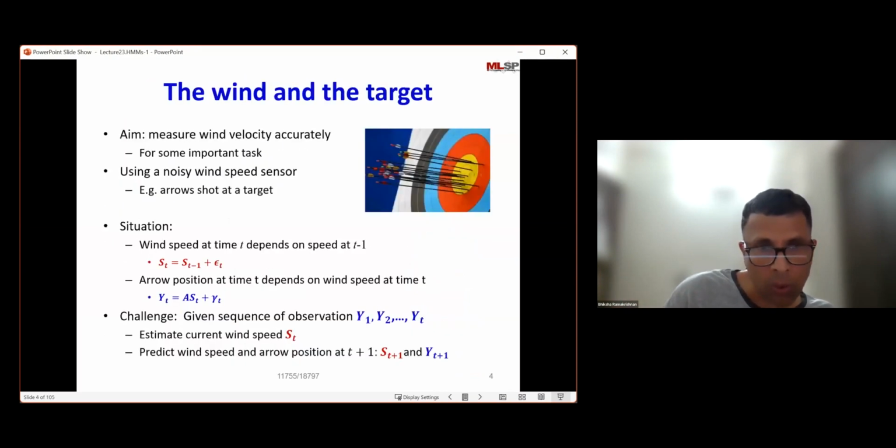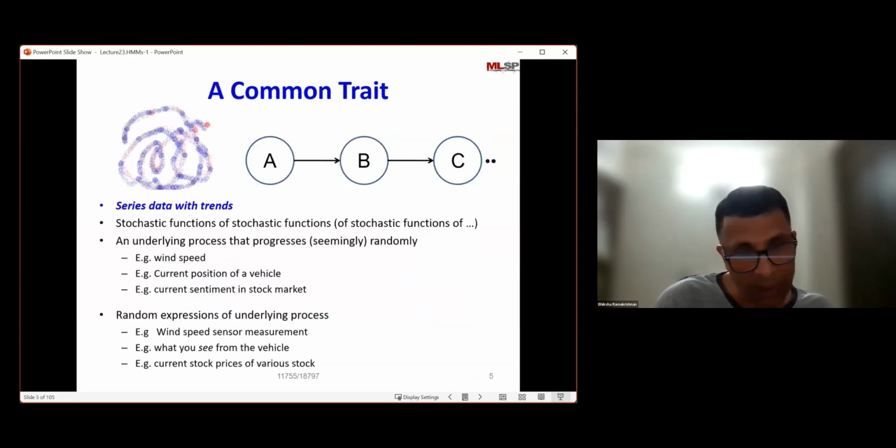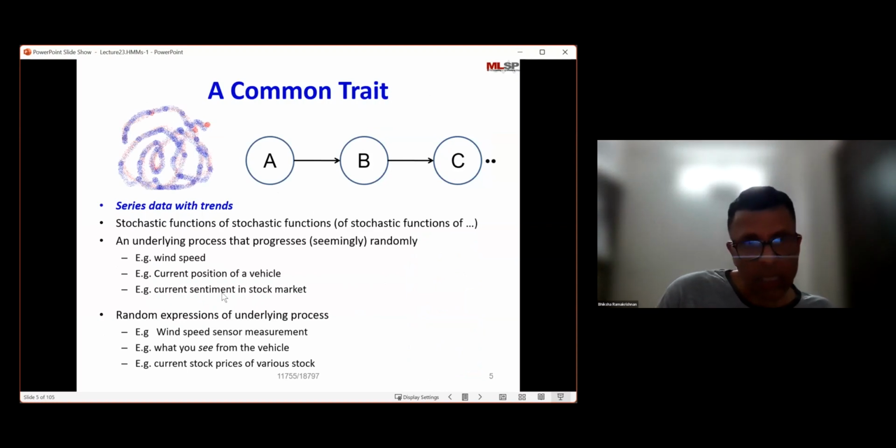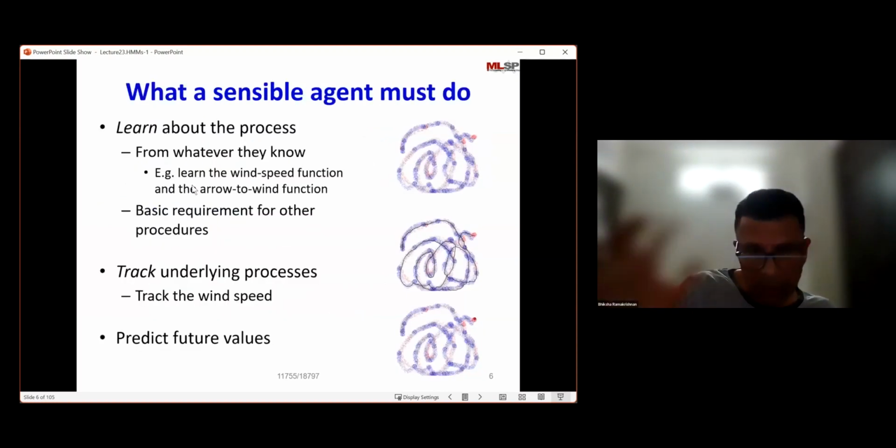So you're going to need to learn the parameters of this function, which tells you how the wind speed changes with time, and the statistical parameters of the second function, which tells you how the measurement can fluctuate even given current wind speed, right?